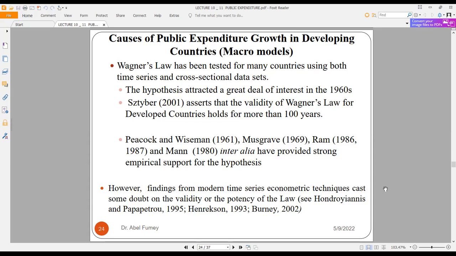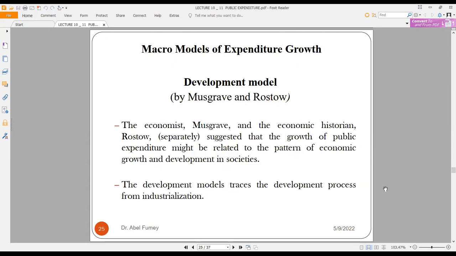Except that more recently, the new econometric models that are coming up are finding some issues with the potency of the law. But initially, they tested it and everything was fine. So this is for Wagner's law.